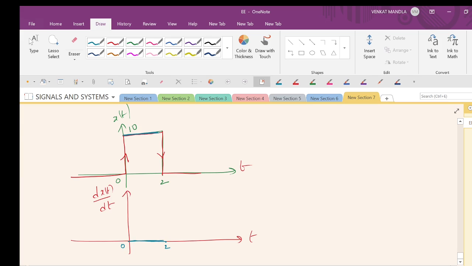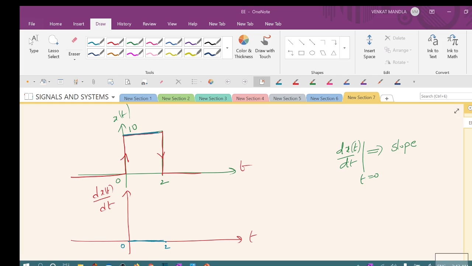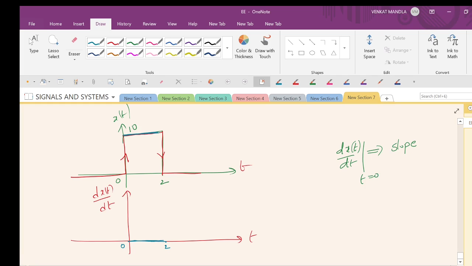But at exactly t equal to 0, we have this discontinuity, right? So the slope of the discontinuity is infinity. dx of t by dt is nothing but slope only, right? And at t equal to 0, that is the slope at t equal to 0. This is a vertical line, right?